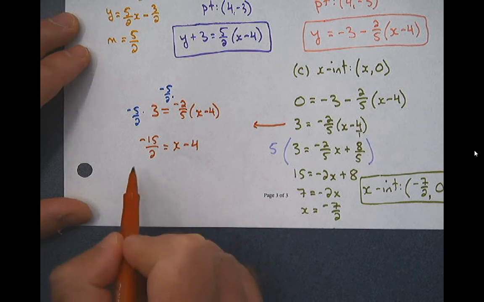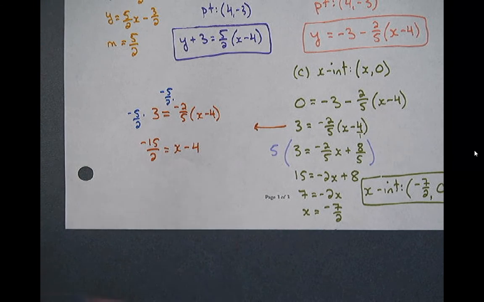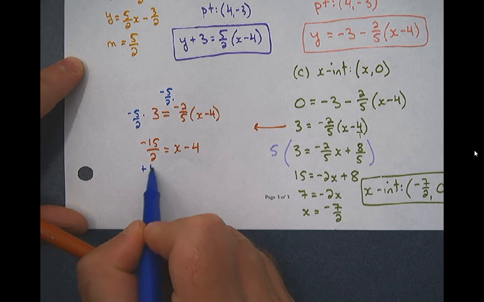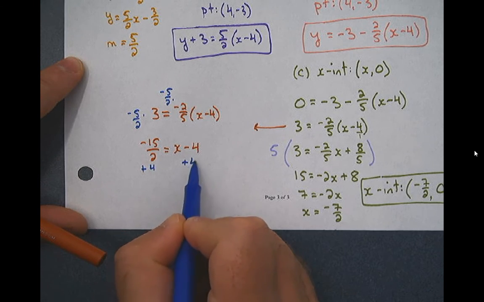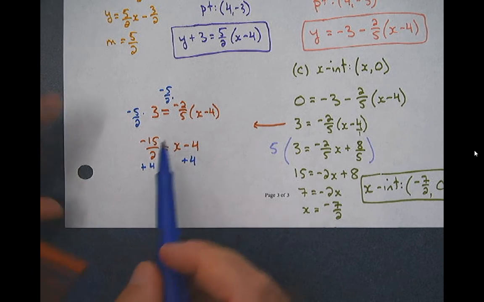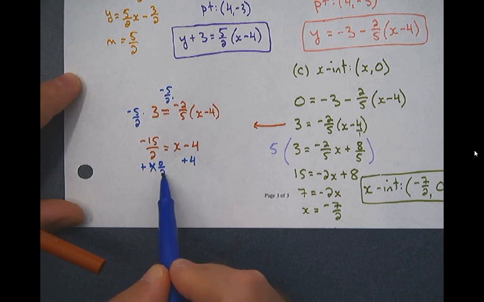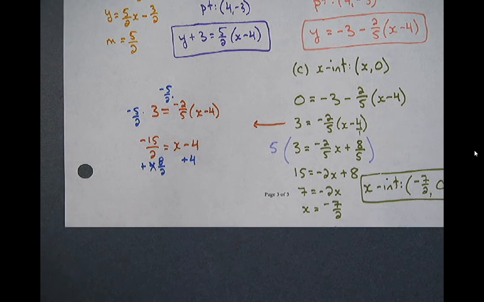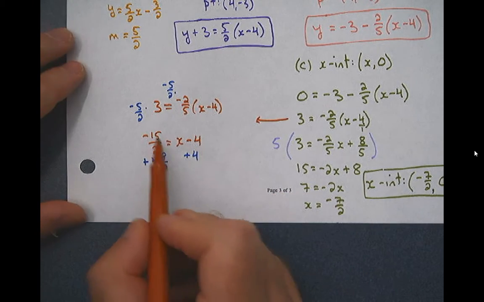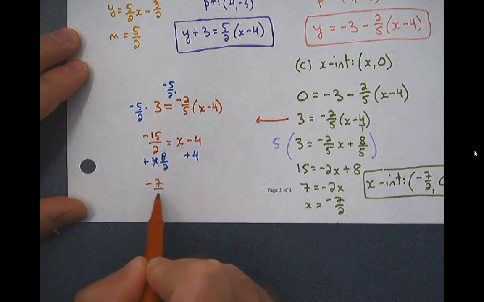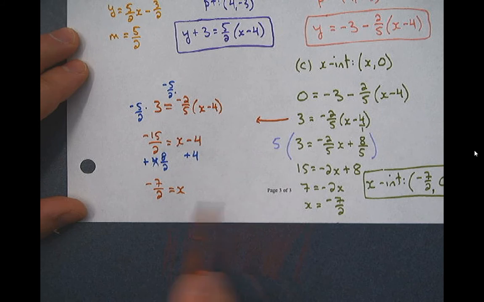Then I can add 4 to both sides. But I don't want to add 4. I want to add 8 over 2 so that I have a common denominator. Negative 15 plus 8 is negative 7 over 2. And we get to the same place.